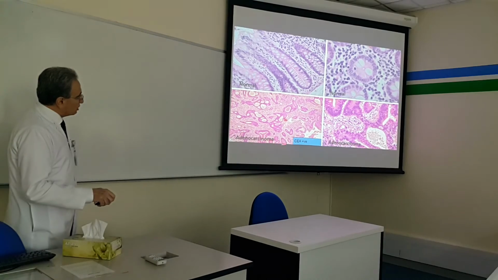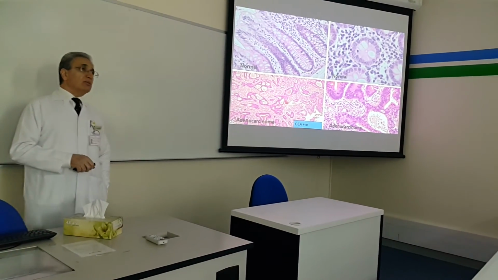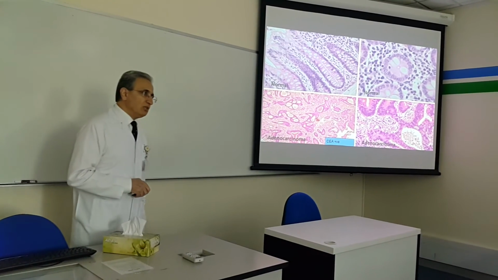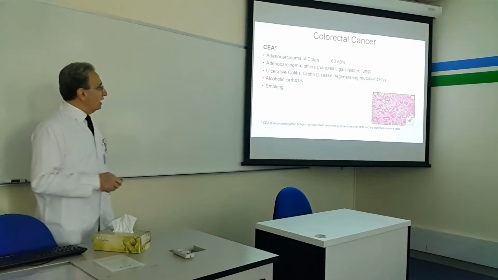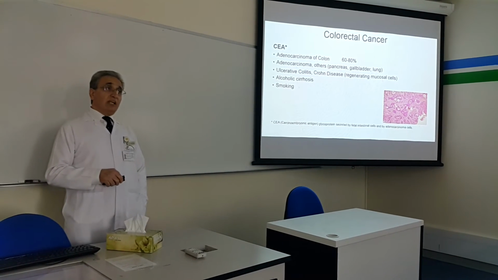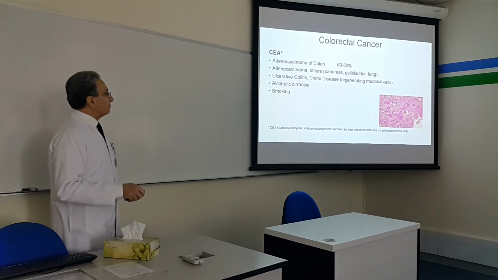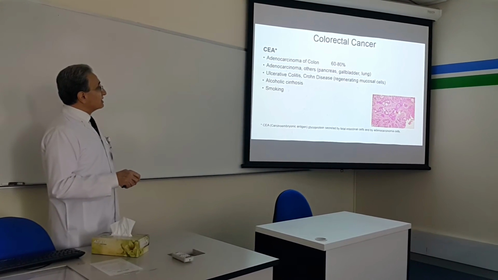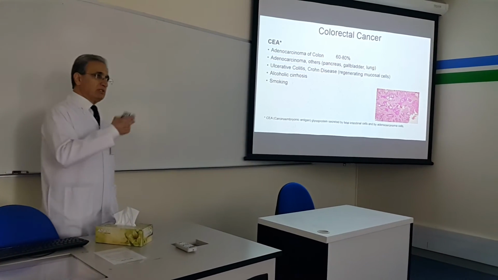And here I would like to mention to you that colon cancer produces CEA, carcinoembryonic antigen. This is a glycoprotein secreted by fetal intestinal cells, but it is also secreted by adenocarcinoma cells. About 60 to 80% of colon cancers produce CEA.